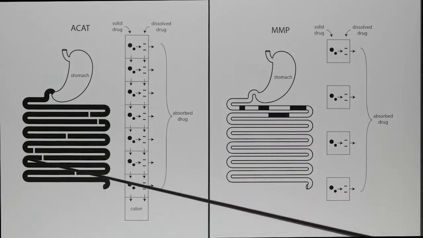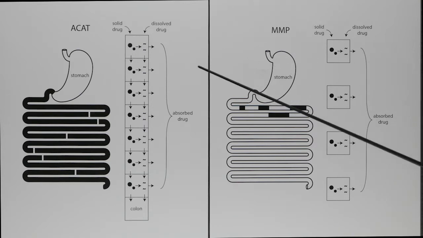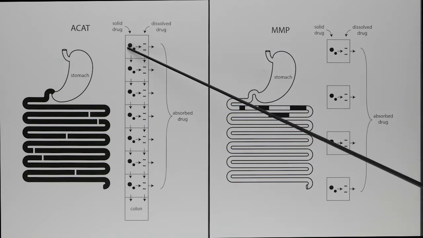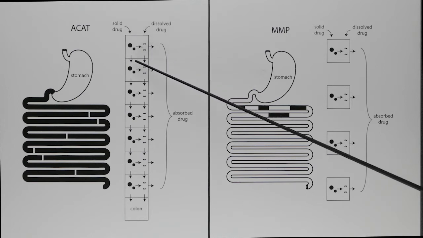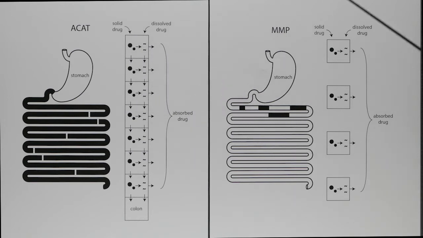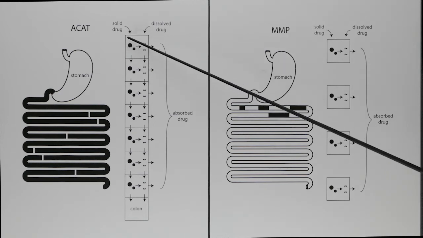And this drawing was scaled down from a length of the intestine of 7 meters to a diameter of 3 centimeters. Within each compartment, solid drug particles are dissolving, and both solid and dissolved drug move from compartment to compartment in a first-order manner, independent of the fluid that's in the compartment.